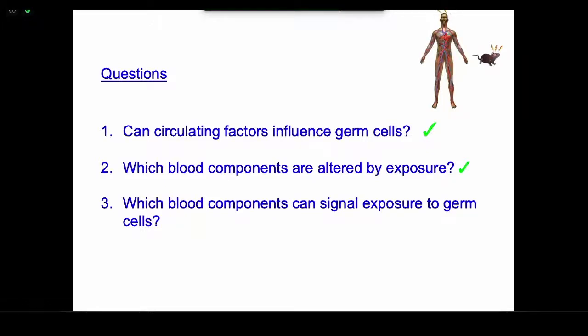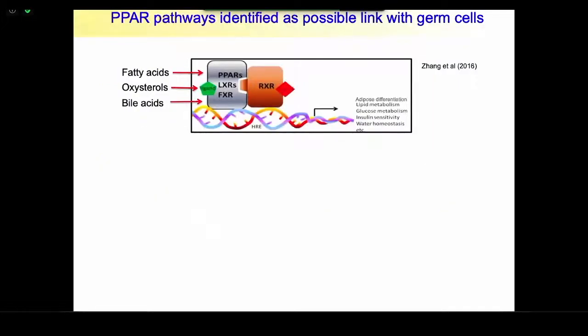Now, the last question is which of these blood components and alterations could signal to the germ cells?